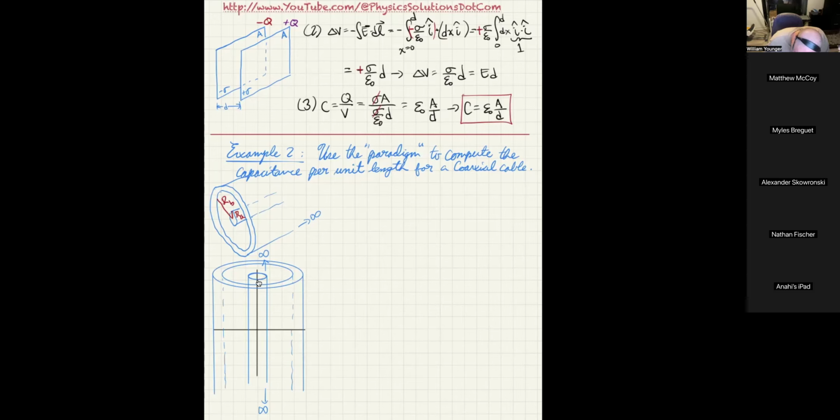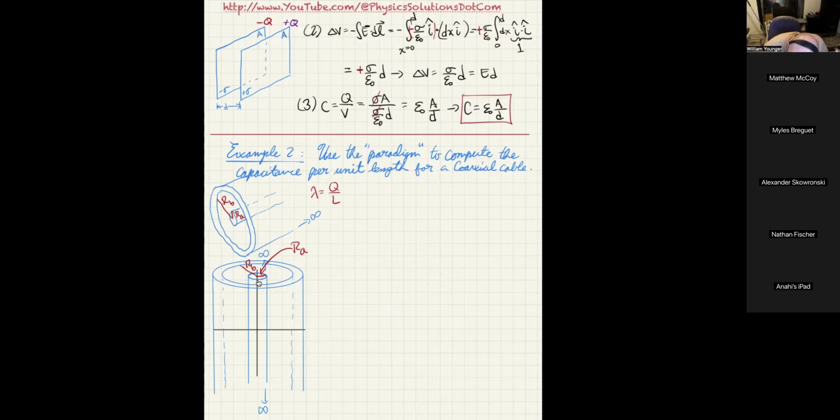So this distance is RA, and this distance is RB, where RB is bigger than RA, and I'm going to say a length L of it has a charge Q. So lambda is equal to Q over L. Now, I know from our derivation of the electric field due to an infinitely long wire that the electric field should only depend on the radial r vector, not the r vector with a component in the z direction, but the cylindrical coordinate r vector.